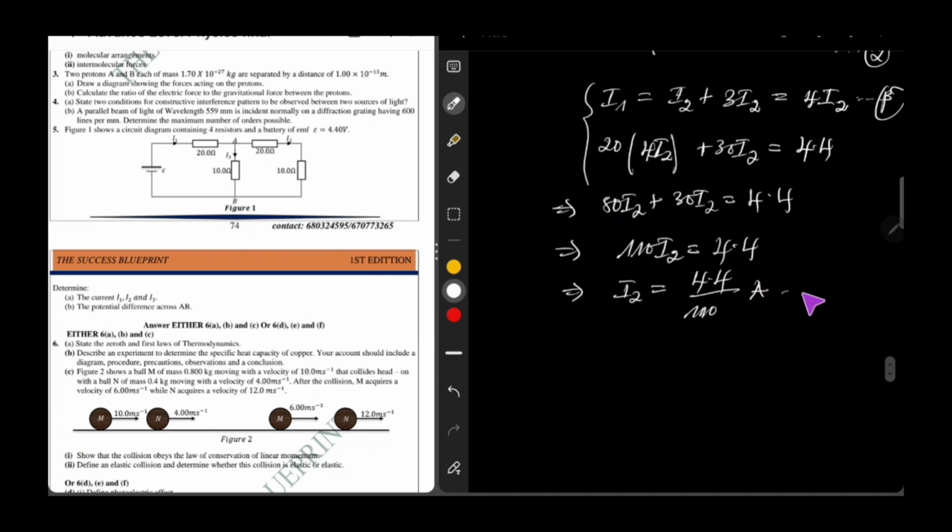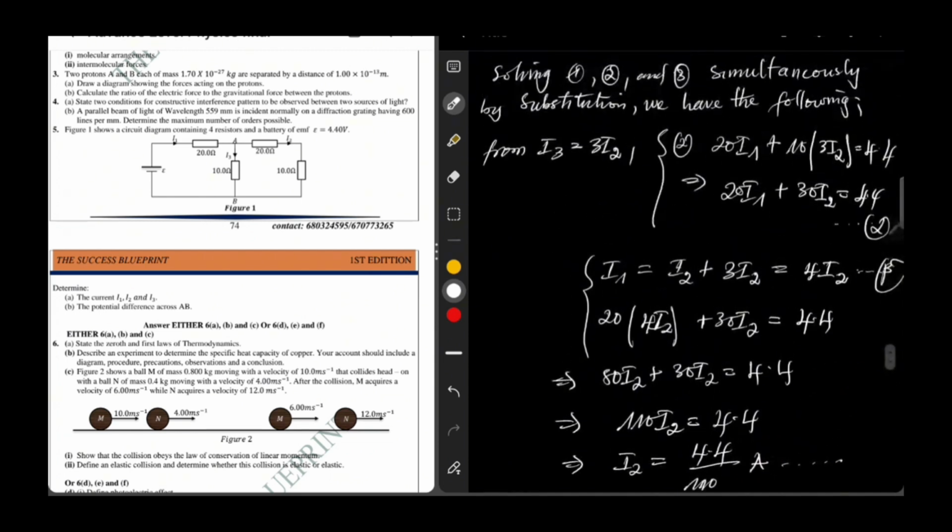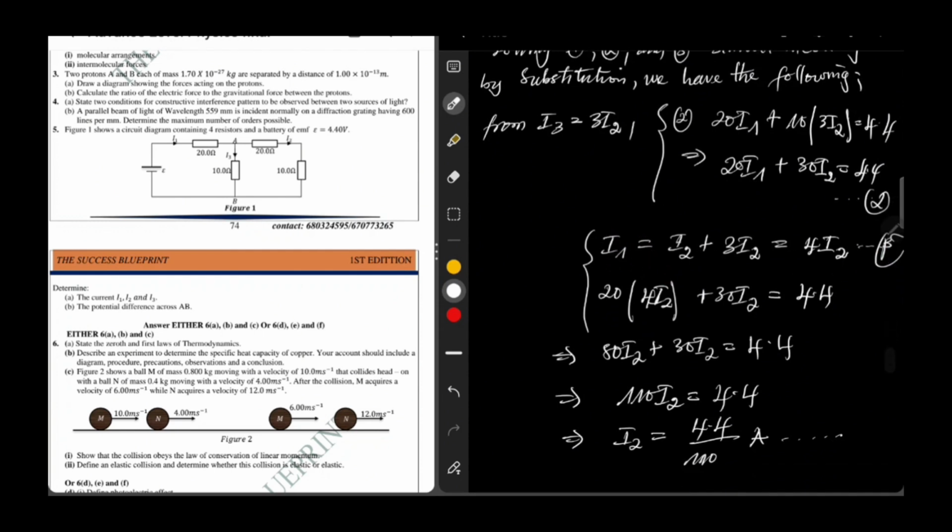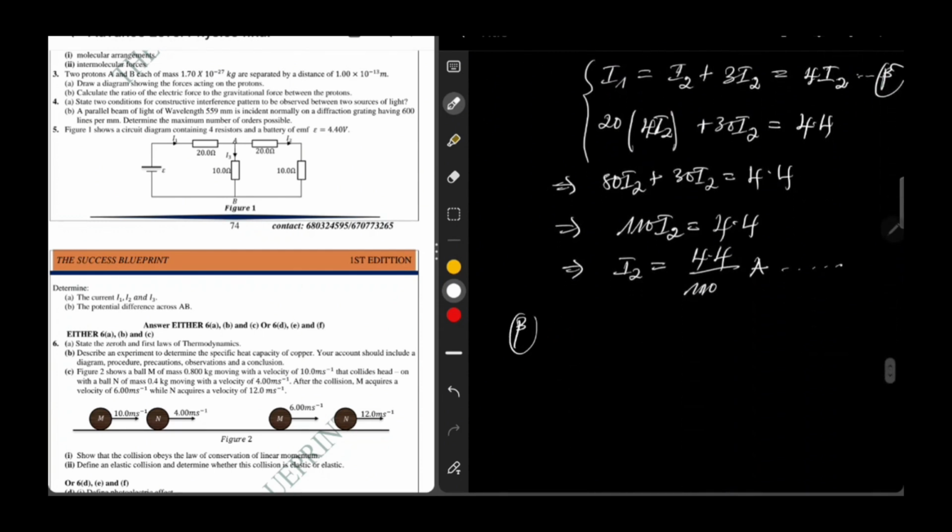Now, quickly replacing this in beta, we are going to have beta implies I1 will be equal to 4 times I2, which is the same as 4 into 4.4 over 110 amperes.